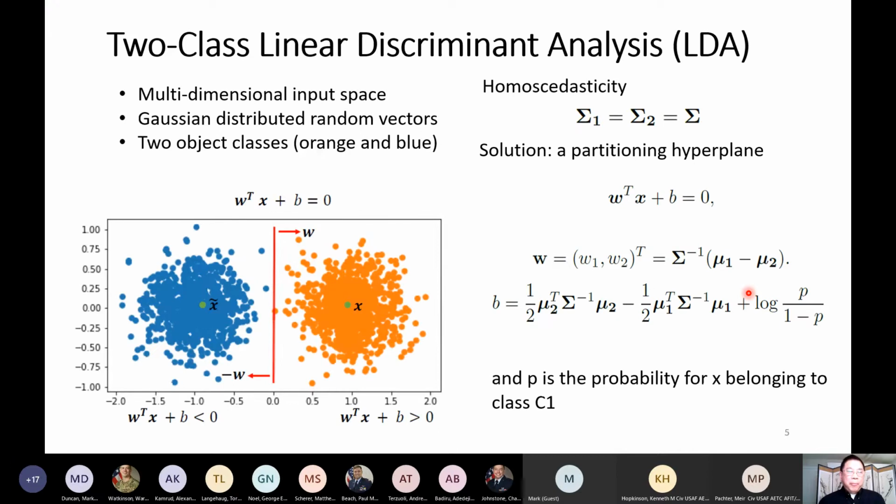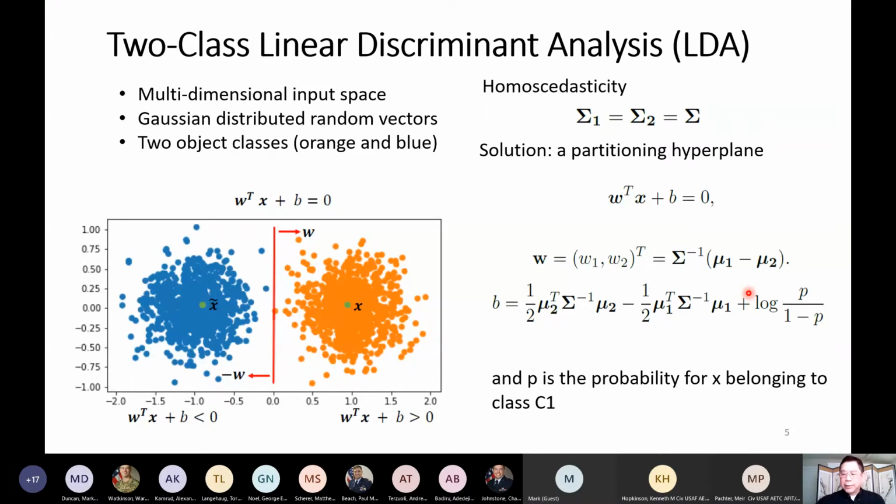So in the first part, I would like to link this to a very classical statistical, or classical machine learning, result. It's called two-class linear discriminant analysis, the LDA.